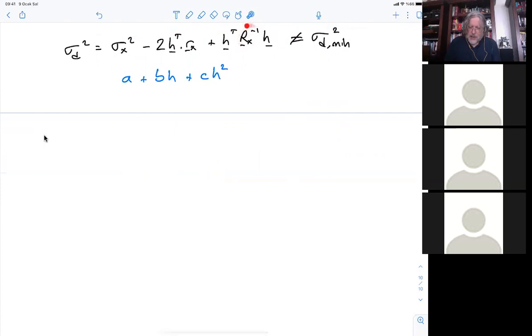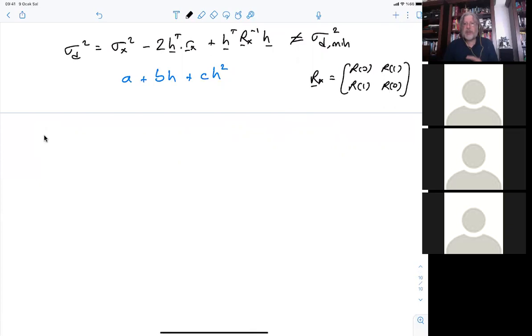This Rx matrix must consist of, in 2 dimensions at least, something like R0, R1, R1 and R0, where R0 is greater than R1. You have to choose it that way. And this Rx vector should be like R1 and R2.